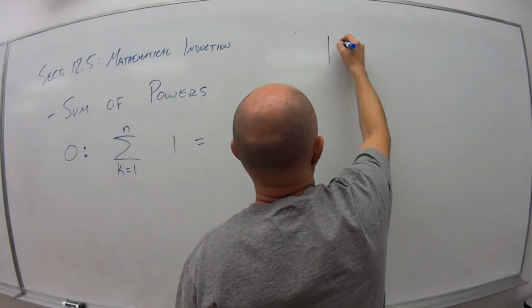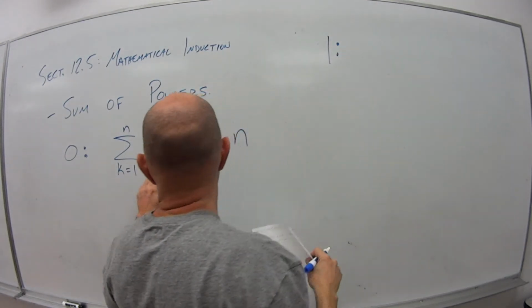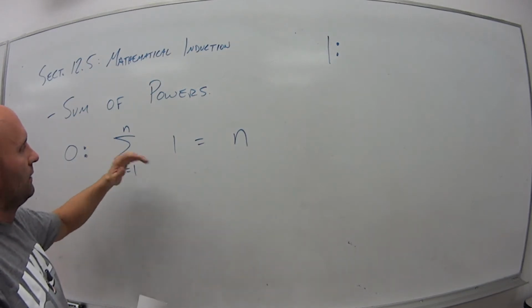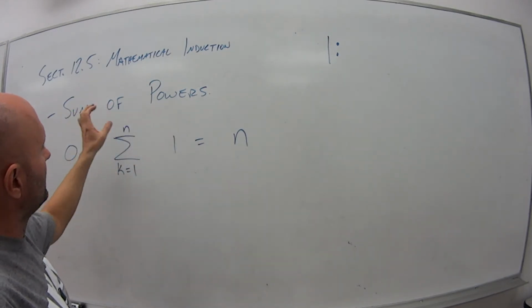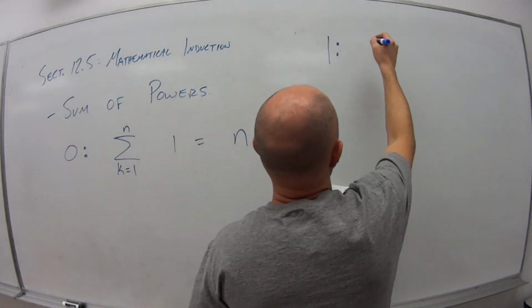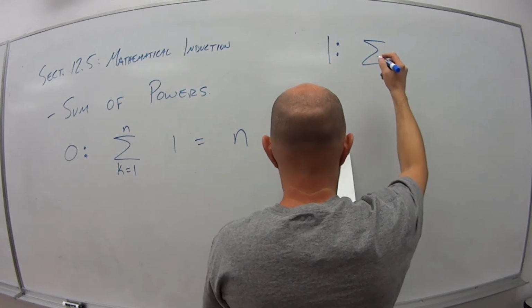So when I have it to the first power, I don't want to say it's trivial, but if I just have 1 and I'm adding it n times, I have n of them. Now we start getting into a little bit trickier formulas.